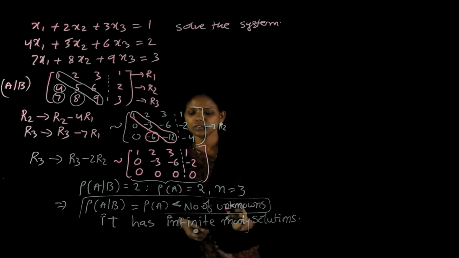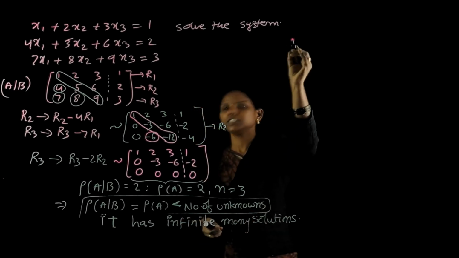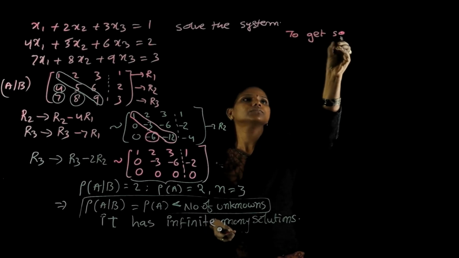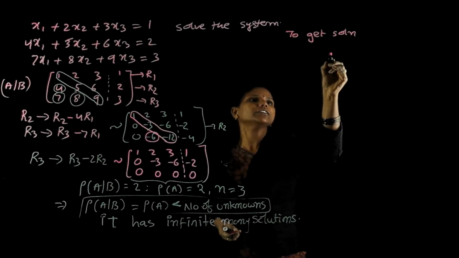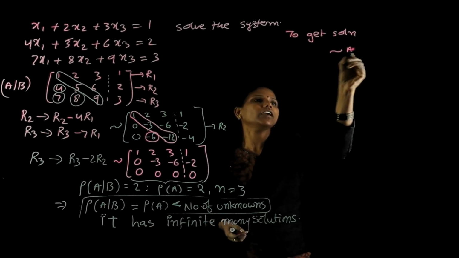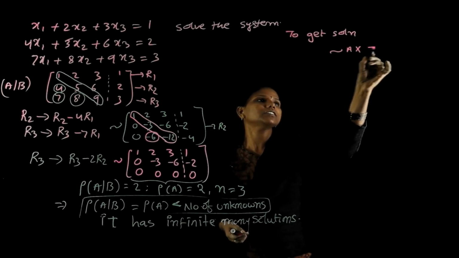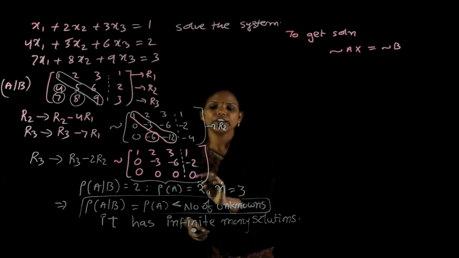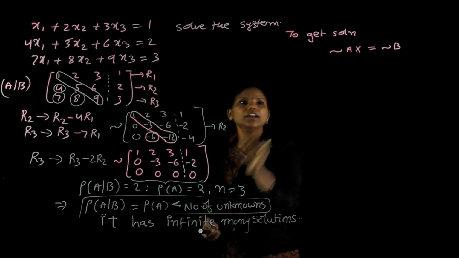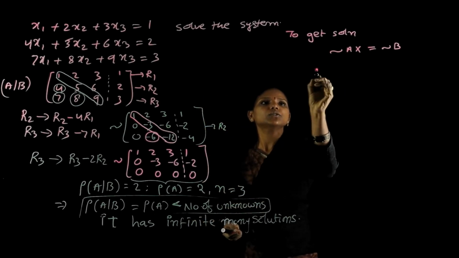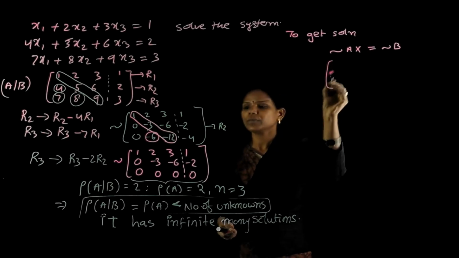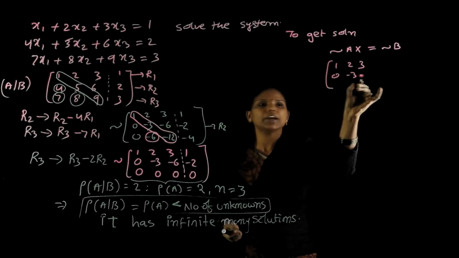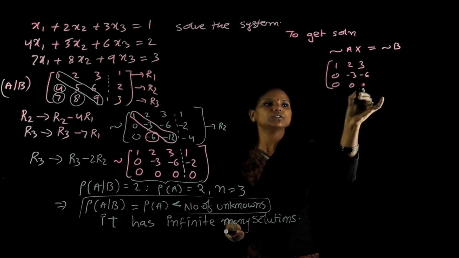Now let us find the infinitely many solutions for this system. To get the solution, we take the changed matrix A, times the variable matrix X, equal to the changed matrix B. What we get in echelon form, we can write here. The changed matrix A is 1, 2, 3, 0, minus 3, minus 6, 0, 0, 0.